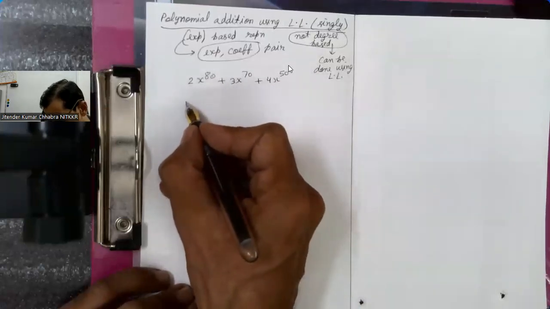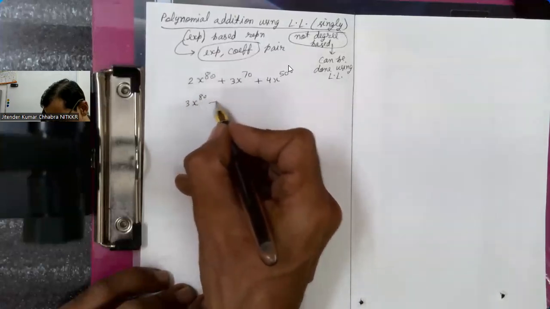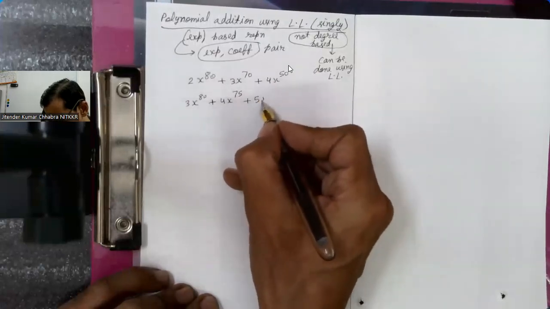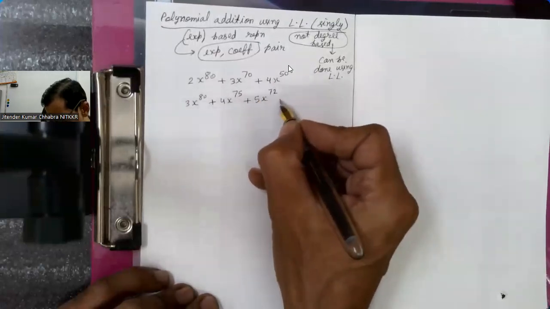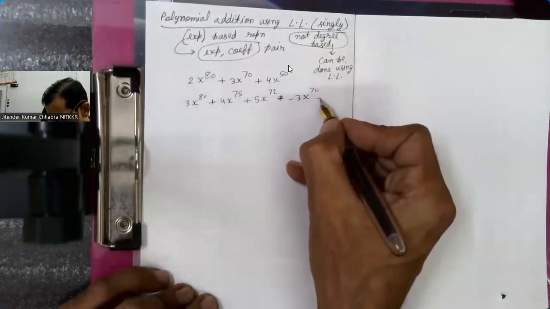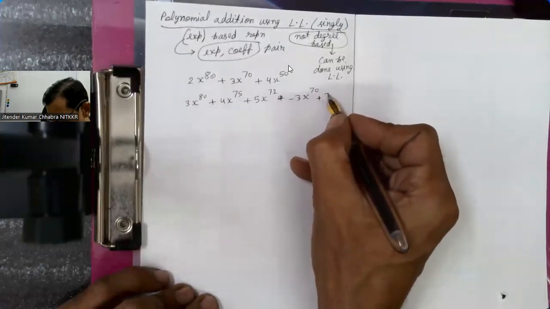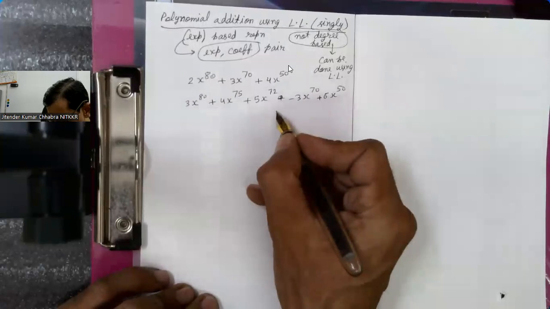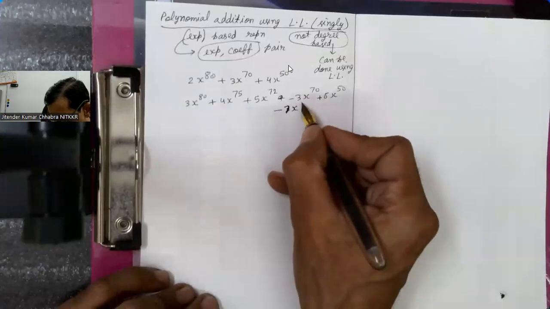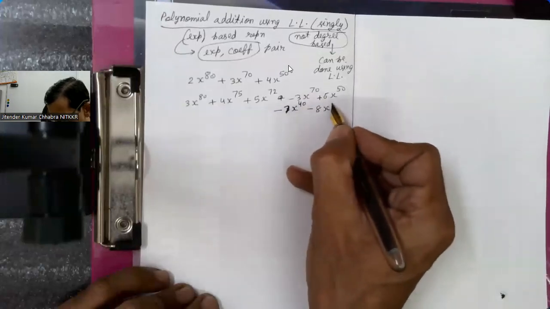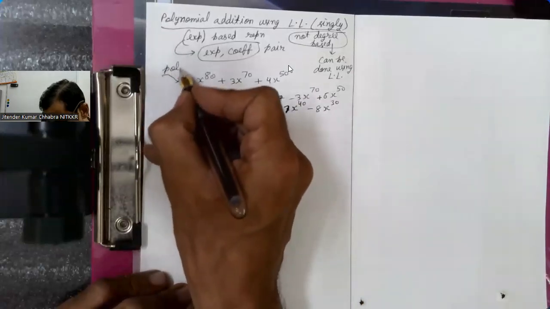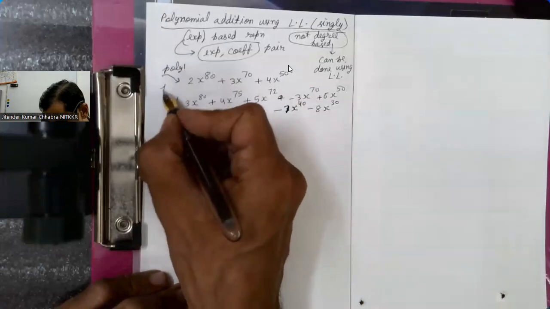Let's say the other polynomial is 3x raised to 80 plus 4x raised to 75 plus 5x raised to 72, minus 3x raised to 70 plus 6x raised to 50, minus 7x raised to 40, minus 8x raised to 30 and so on. So this is my polynomial 1. This is my polynomial 2.